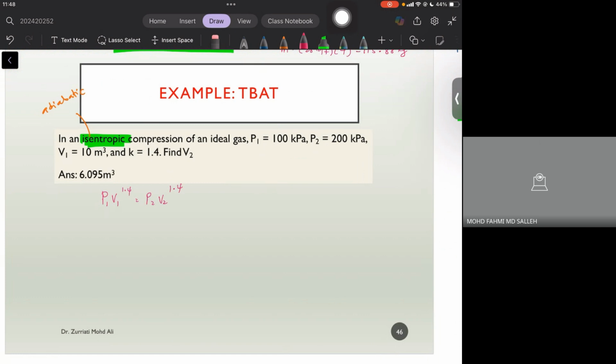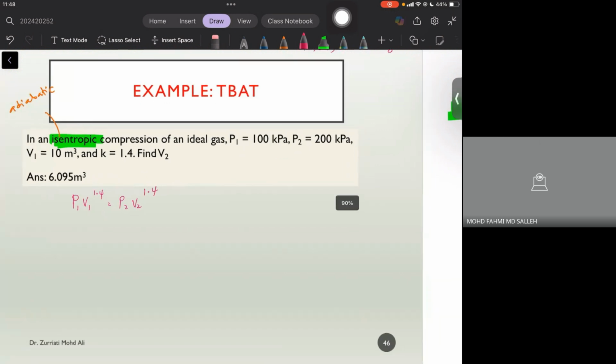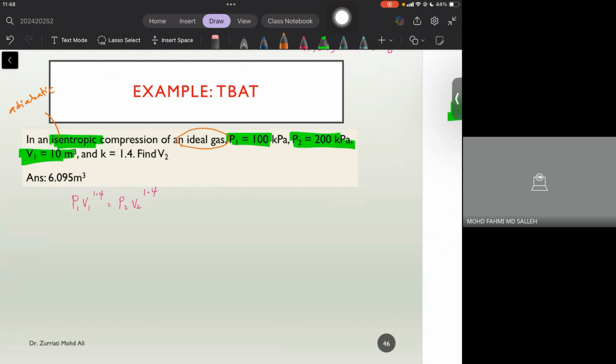So we have the pressure at state 1, the pressure at state 2, and the volume for state 1, and since it is an ideal gas, we use this equation.